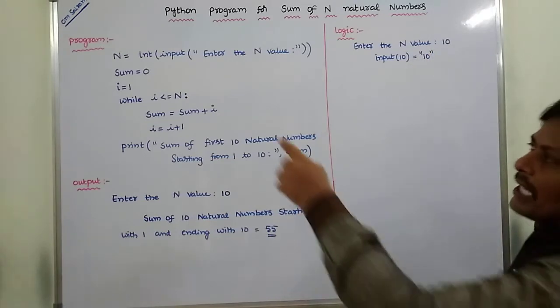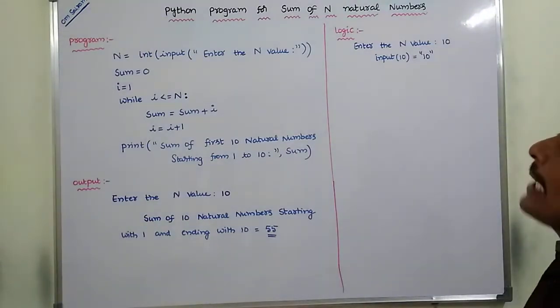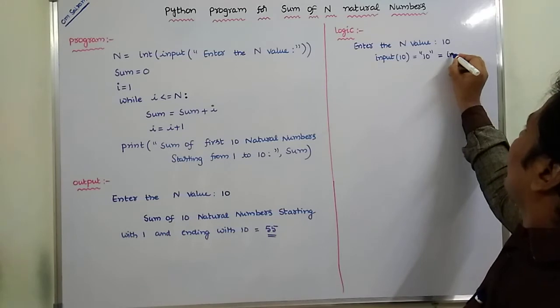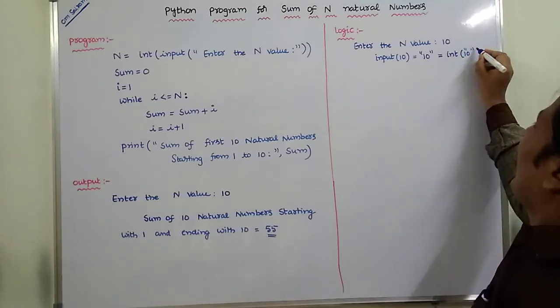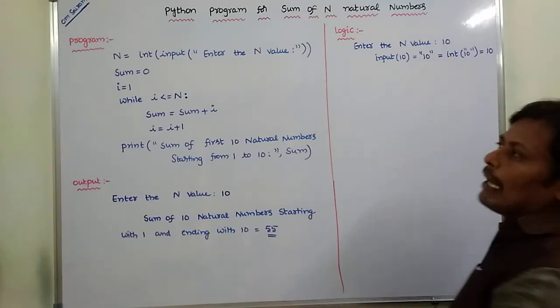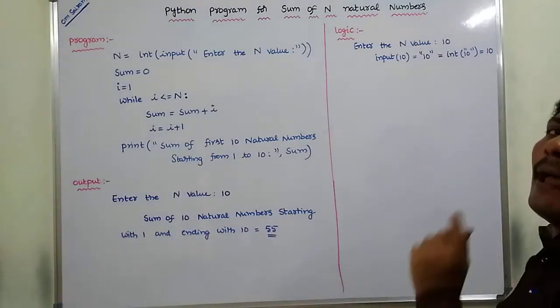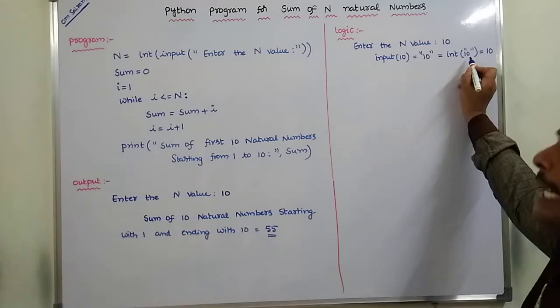This string of 10 can be taken by the int, that is a typecasting int. This typecasting int function can take the string value 10 and returns the integer value 10, because the typecasting function is int, it returns the integer value by taking the string of 10.